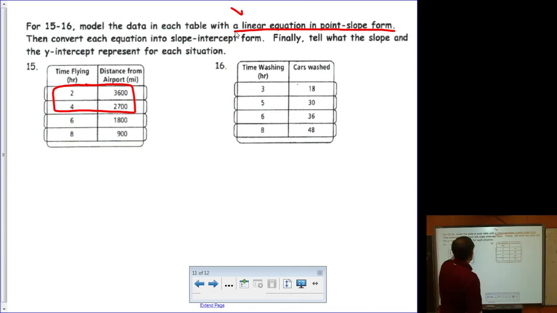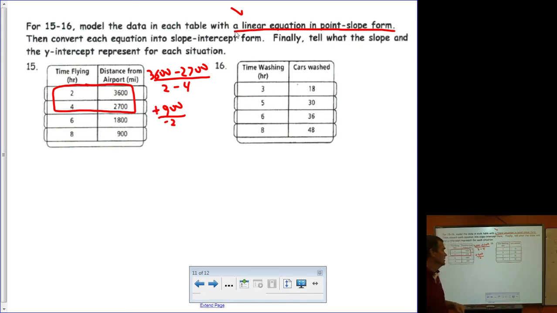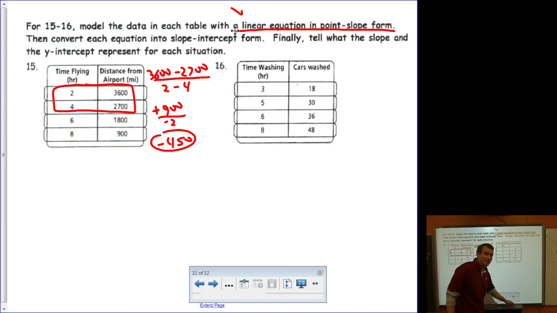And that would be y minus y over x minus x. That equals -900 over -2. I mean positive 900 over -2, which would be -450. So the slope here is -450. Now I can go ahead and write my equation.